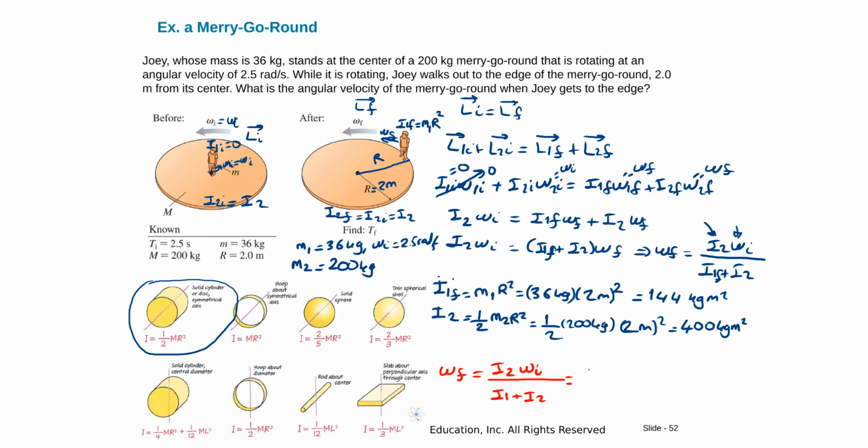That is 400 kilogram meter squared times omega initial, 2.5 rad per second, divided by I1 final, which we found to be 144 kilogram meter squared, plus 400 kilogram meter squared. The result of this will give us 1.84.